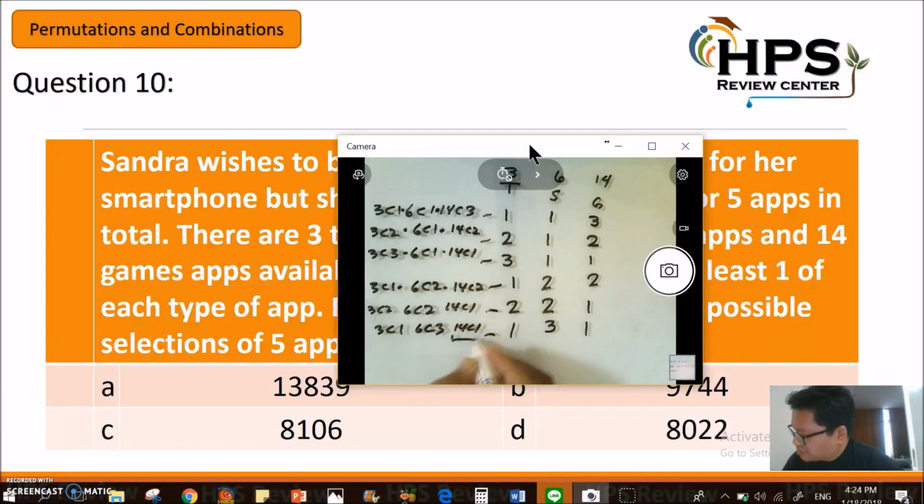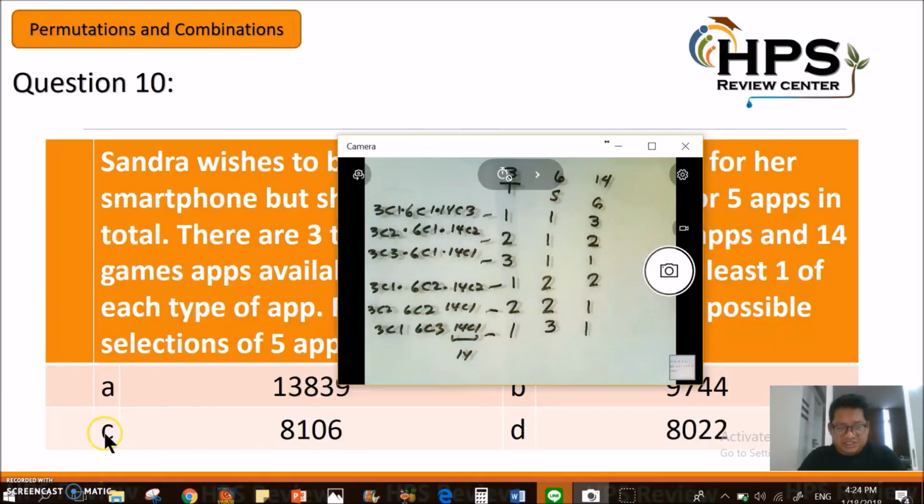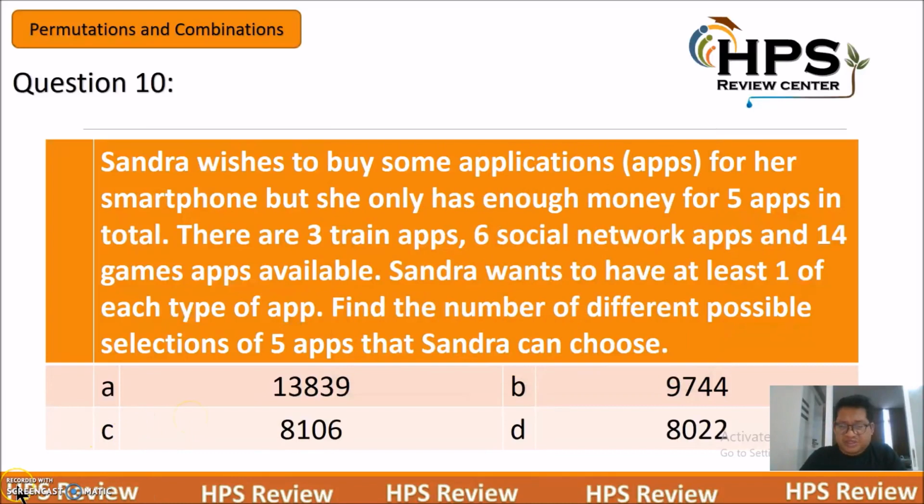So for example, 14C1 is just 14. So you can just simply write 14 instead of 14C1. But anyway, it doesn't matter. And then afterwards, I just need to sum them up and press it into my calculator. So one moment as I compute them. Let me pause this video for a while.